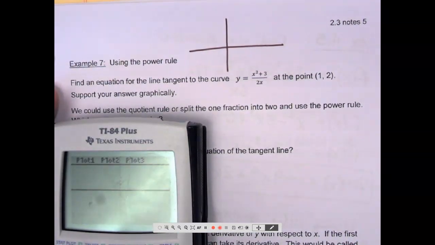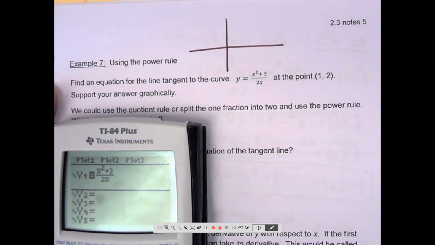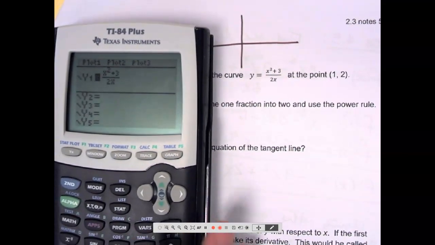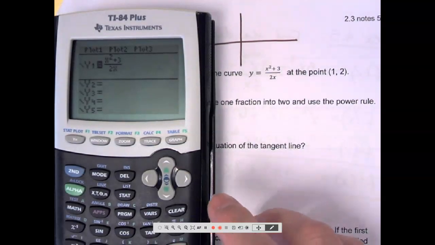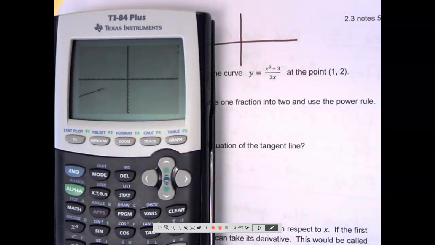I think I already have it in here. I do. Okay, it kind of looks like a hyperbola, but it actually has a slant asymptote here.